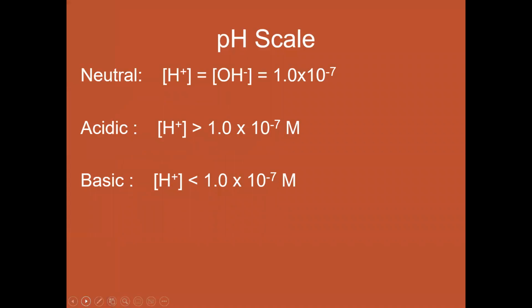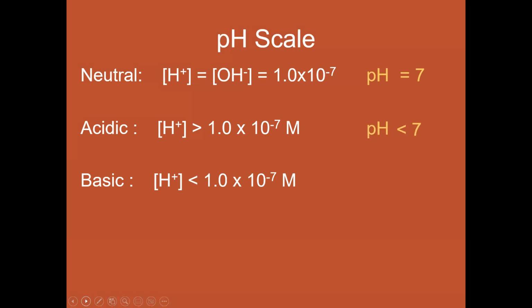All right, so looking at the pH scale, how this relates to the concentration of those ions. We said a neutral solution has the hydrogen and hydroxide ion concentrations equal to 1.0 times 10 to the negative 7th. That is going to be at a neutral pH of 7. If something is acidic and the hydrogen ion concentration is greater than 1.0 times 10 to the negative 7th, that means it has a lower exponent, meaning it has a lower pH.